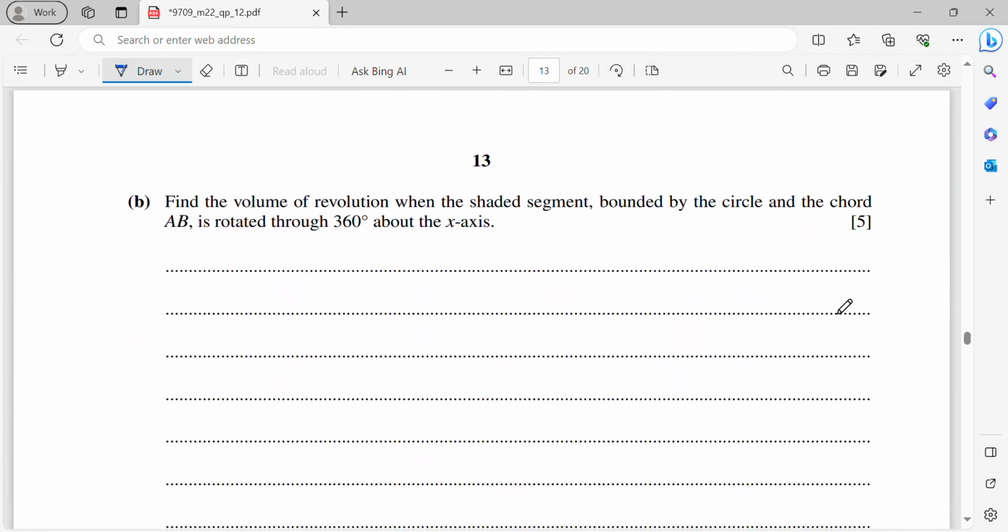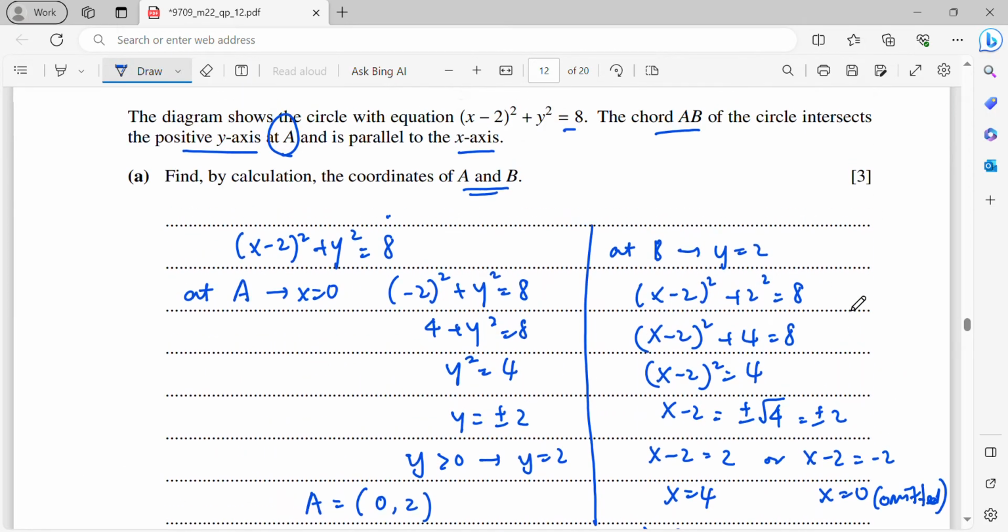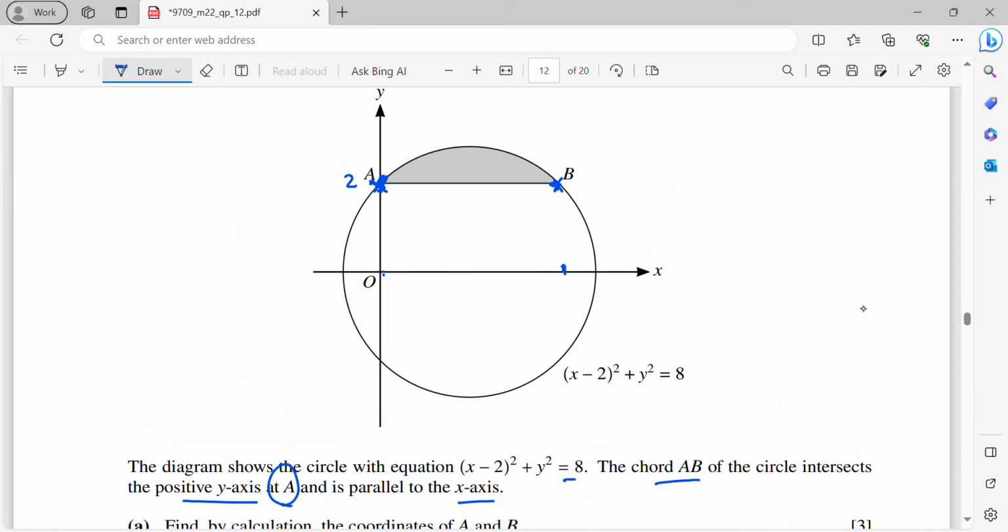Now, find the volume of revolution when the shaded segment bounded by the circle and the chord AB is rotated through 360 degrees about the x-axis. Let's look at the diagram. You are rotating this about the x-axis for 360 degrees.